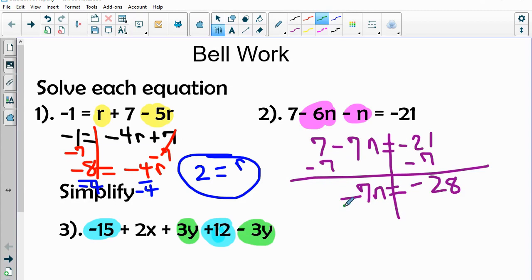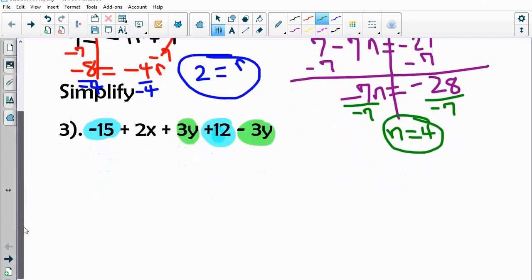We're going to divide both sides by negative 7. And if you know your times tables really well, you can pretty quickly find out that that is n equals positive 4.